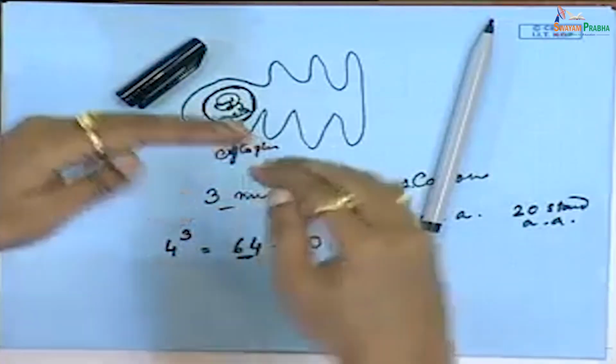During protein synthesis, whenever such a codon comes, no amino acid would be there for it, and the protein chain synthesis would get terminated.